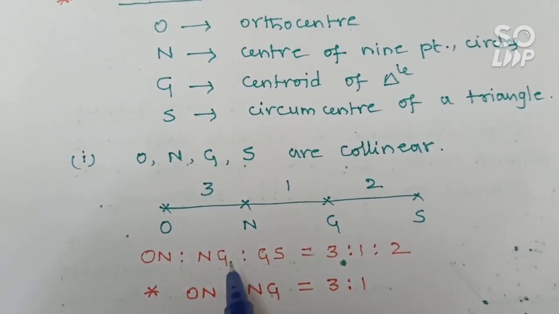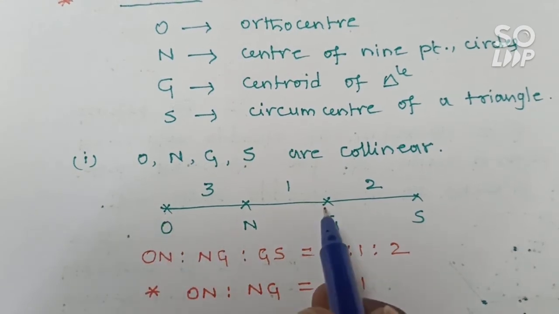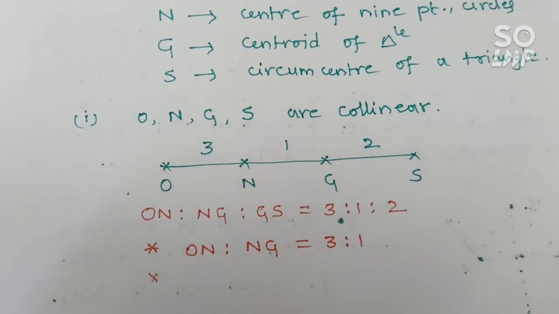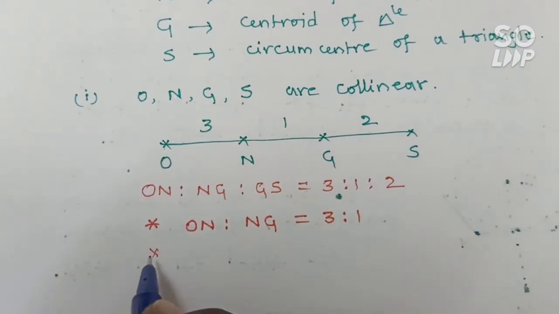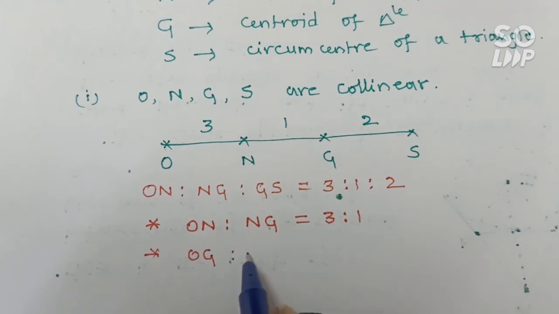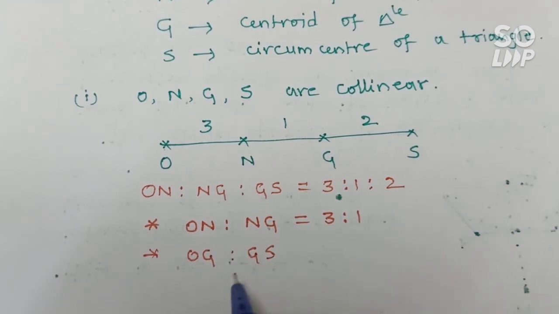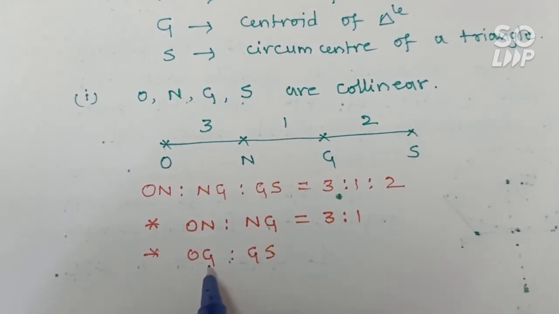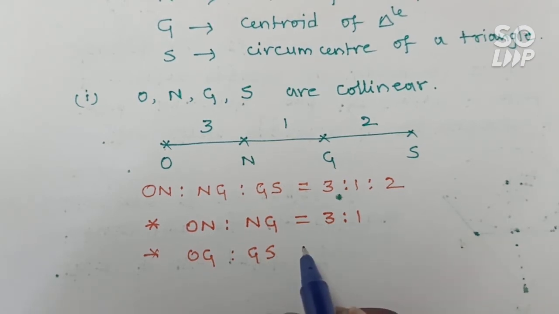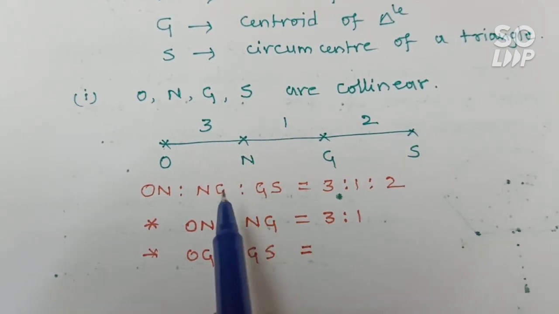Next, OG is to GS. What is the meaning of this? The centroid divides the line segment joining the orthocenter and circumcenter in which ratio?